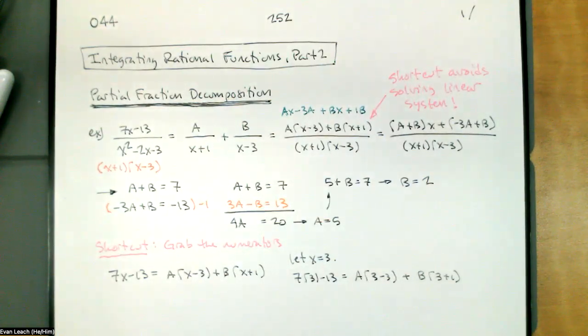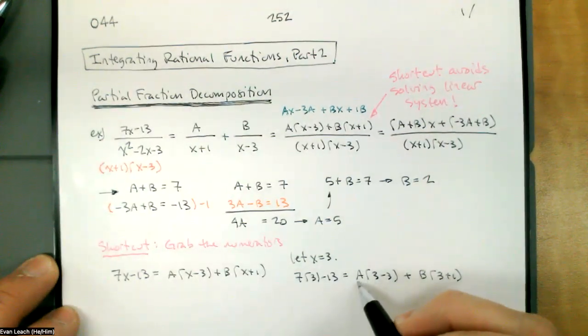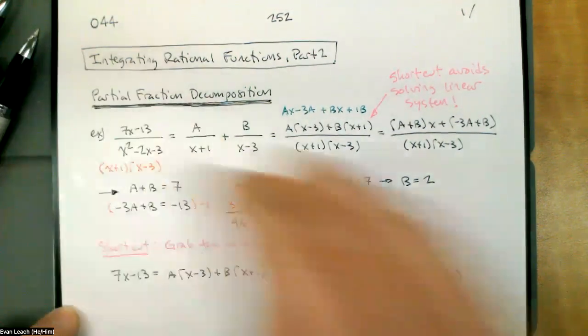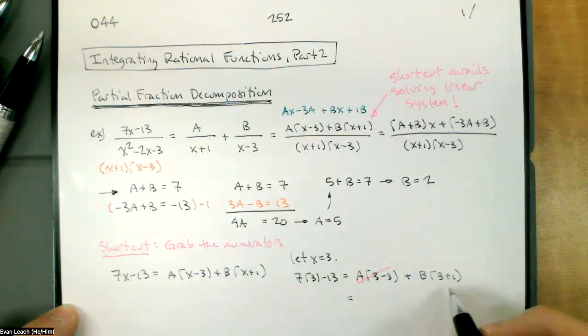So the reason that this shortcut is super effective is that we don't set up a system of equations, a system of 2 equations with 2 unknowns. We get an equation with just 1 unknown. This shortcut takes out one of our numerators. So we get 21 minus 13, and over here b, and we get 4b.